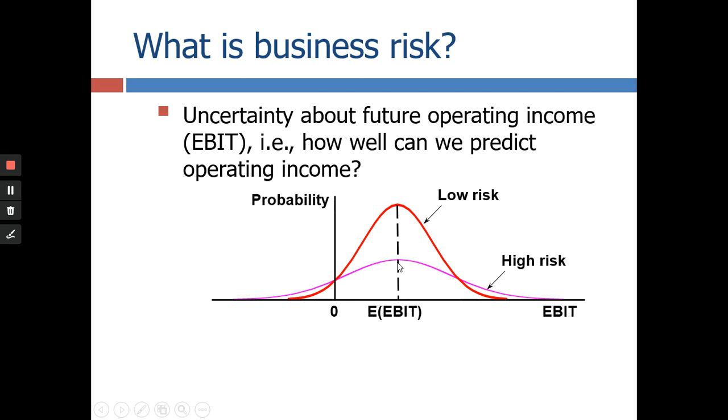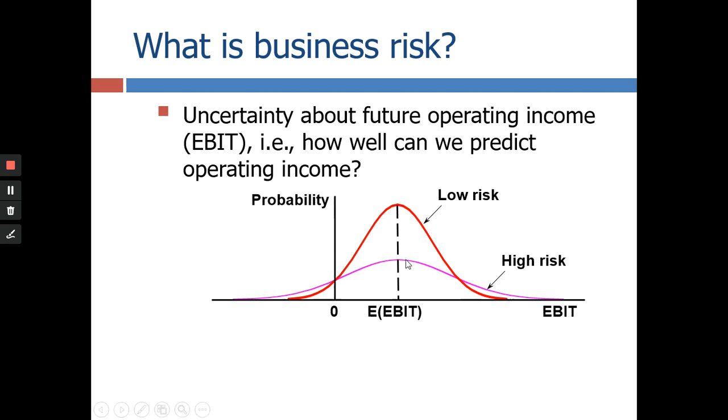It's like your expected earning is, let's say, 1 million, but in reality you get 800,000. That is low risk.